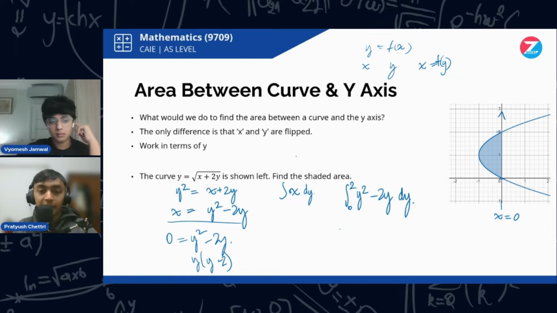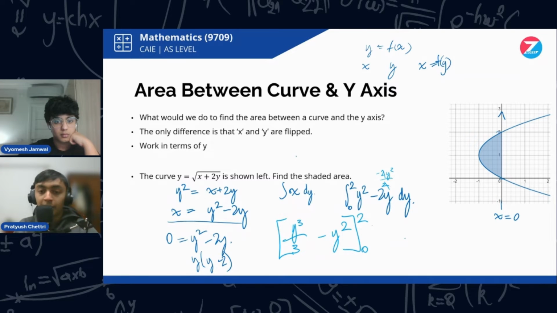Okay, so now we integrate. y cubed, increase power, divided by new power. And then this becomes minus 2y squared over 2. Since the 2 and 2 cancel, I'm just going to write minus y squared. I put my big square brackets to show my bounds, 0 to 2. So now I'm going to plug in.